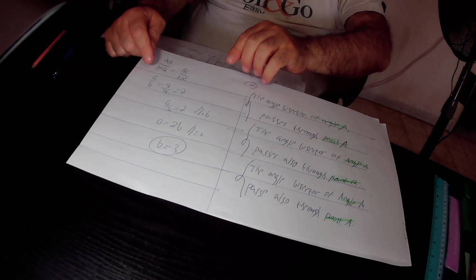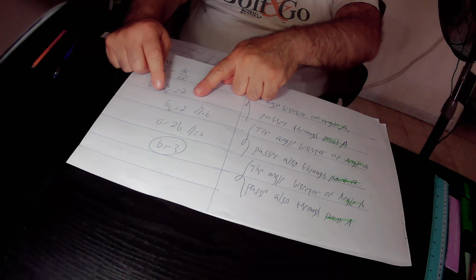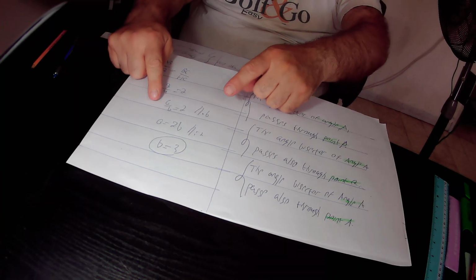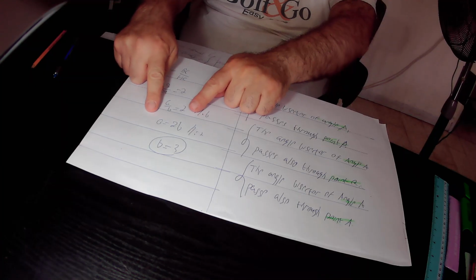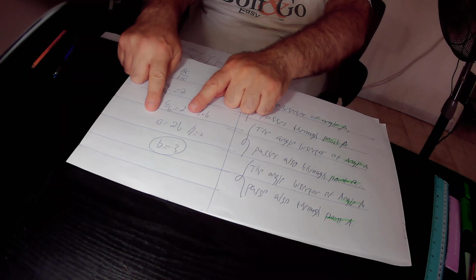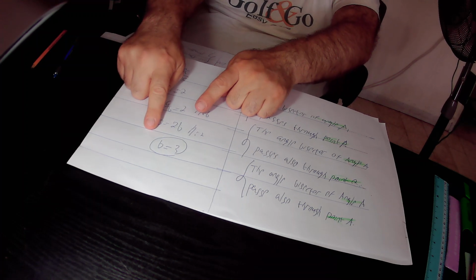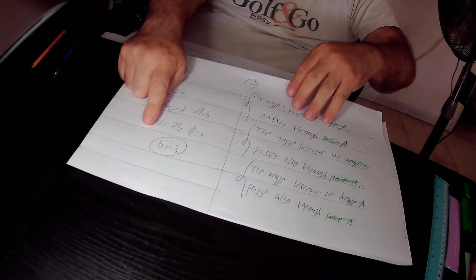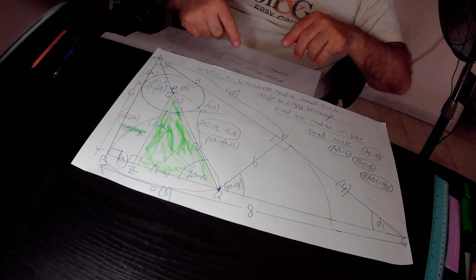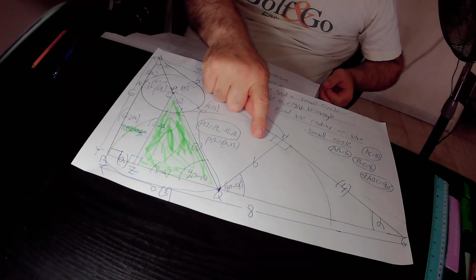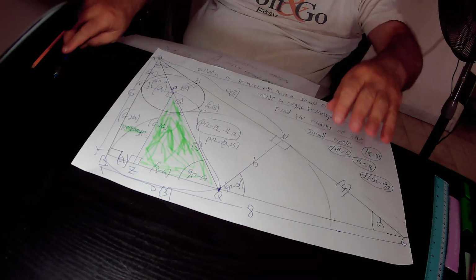So 6 over B equals 2. We multiply this equation by B and finally find that 6 equals 2B. Here we divide this equation by 2 and finally find that the missing radius B equals 6 over 2, that is 3. So the radius B of this big semicircle equals 3 units in its length.